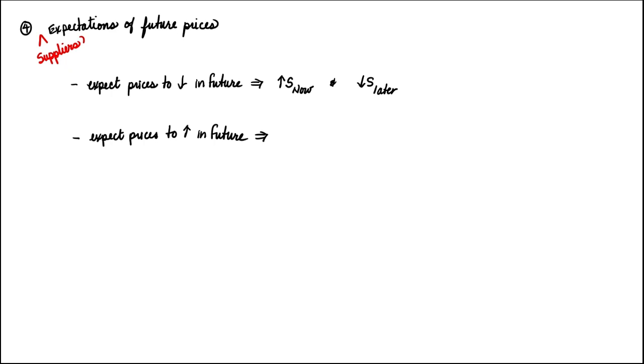So do you want to sell it now, or do you want to wait till the price goes up? Well, you want to wait till the price goes up, right? So you would decrease supply now so that you could increase your supply later. So again, your expectations of changing prices are going to affect your behavior.